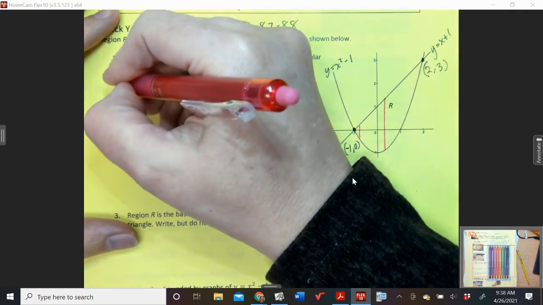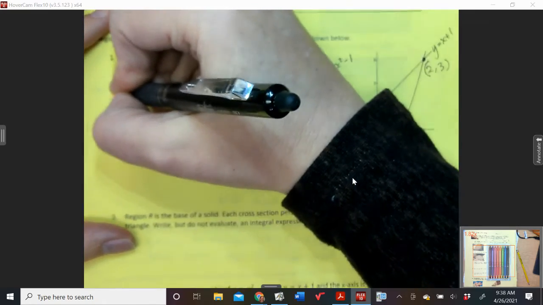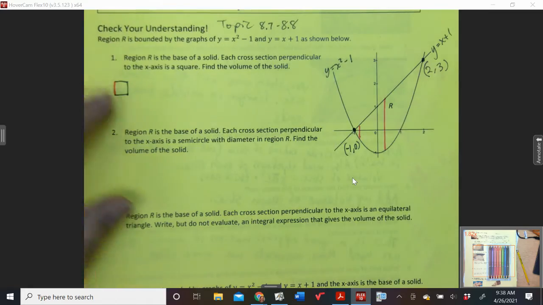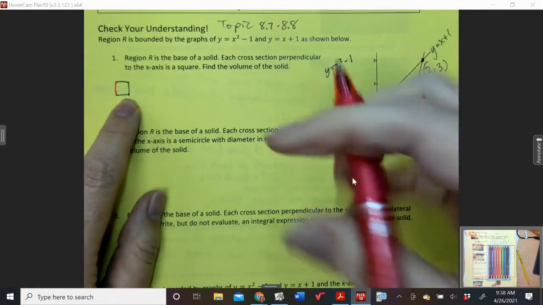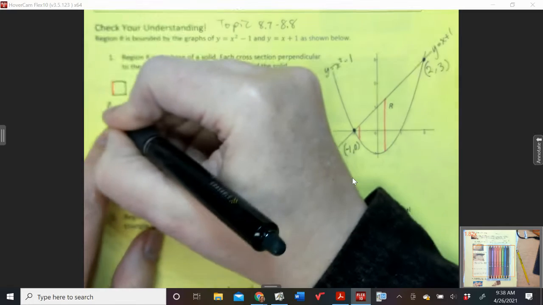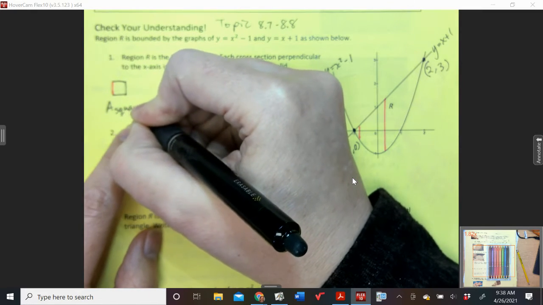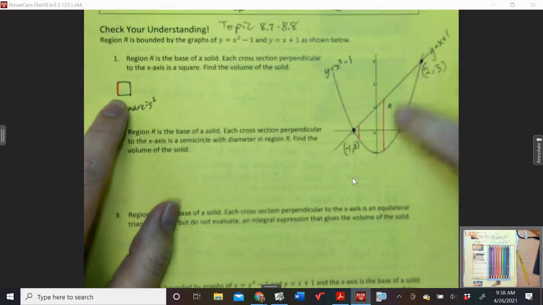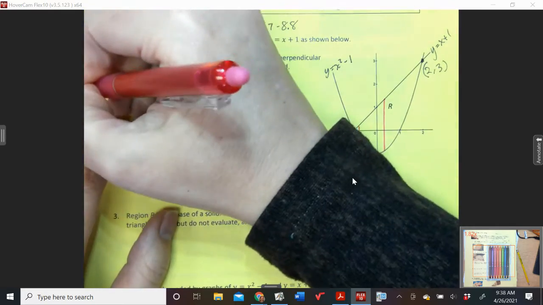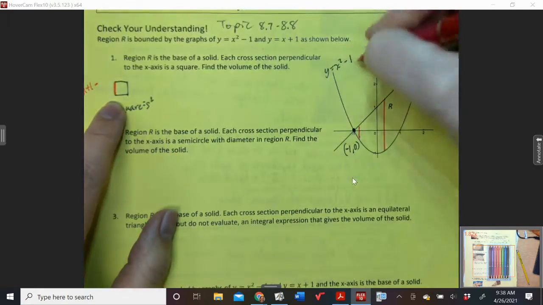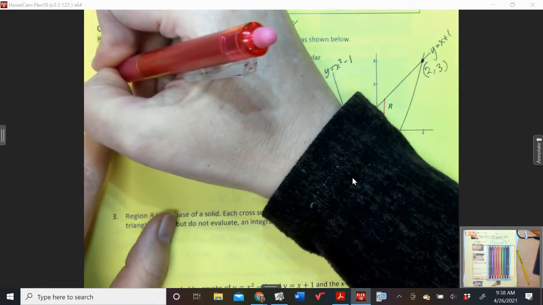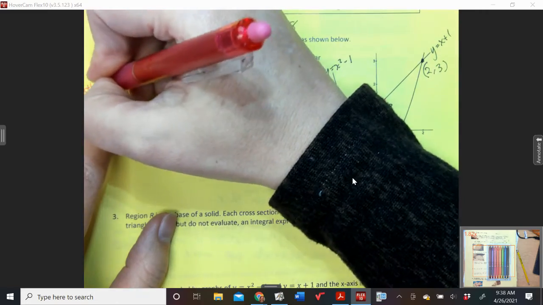So the area of a square is s squared. And s, this length, this red line, is x plus 1 minus x squared minus 1.